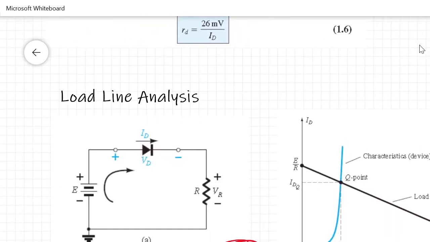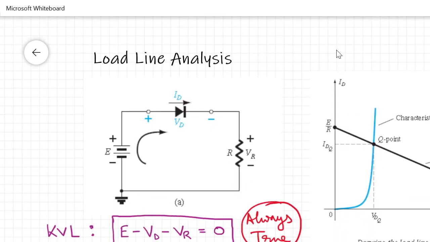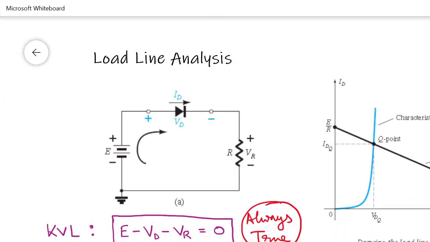Now, the next part of our lecture is the load line analysis. So we know the characteristics of a diode, but what happens when this diode is inserted in a circuit?